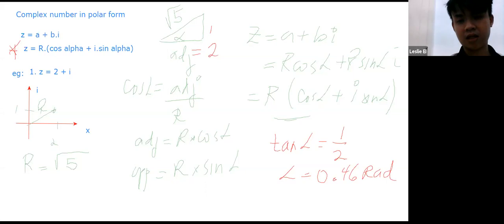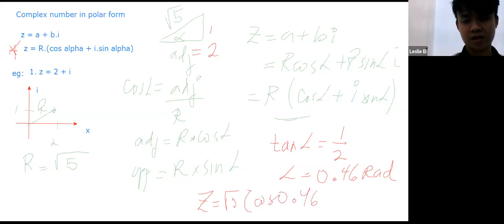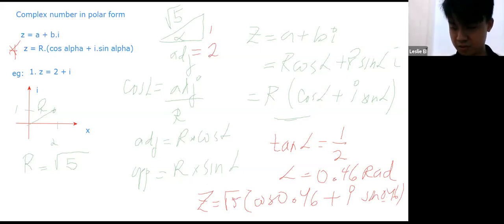So it means that z equals square root 5 times cos 0.46 plus i times sine 0.46. Any questions until expressing in polar form? Like what is the 0.46 or 0.5? Any question? No. So everyone understands where r is from?